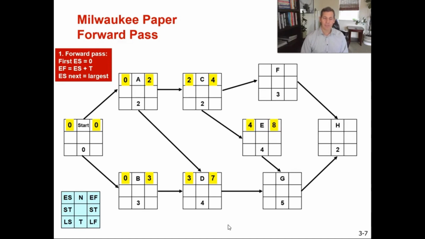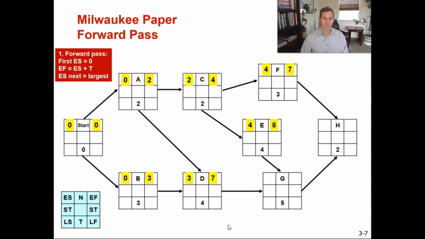Now let's go to F. Activity F only has one immediate predecessor, and that early finish of activity C is the 4th week. So activity F, your early start is week 4. It has a 3-week duration, so activity F will have an early finish time of 7 weeks.